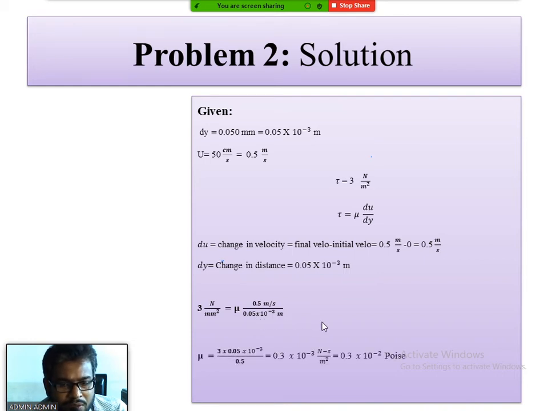Put these values in the formula and calculate on your calculator. You will get 0.3 into 10 raised to minus 2 poise. So the viscosity of the fluid is 0.3 into 10 raised to minus 2 poise. In this way we can calculate the kinematic viscosity and dynamic viscosity by using the formulas.